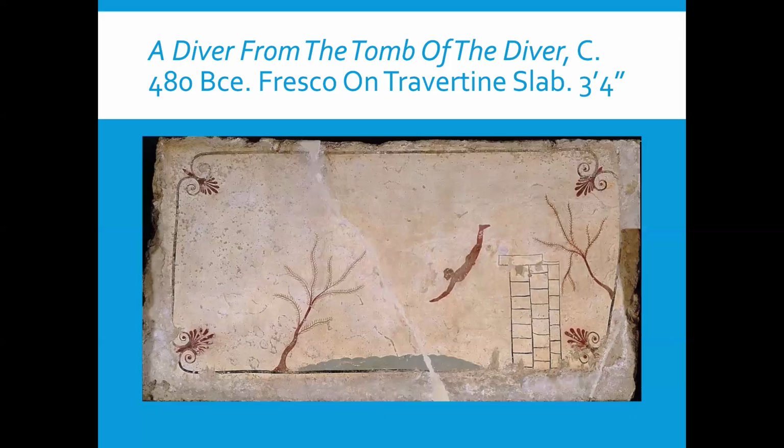He's diving from this platform into the great unknown, this pile of blue, which represents the afterlife. And he's going freely and joyfully into this space. This travertine slab was above the deceased as a roof for this tomb.